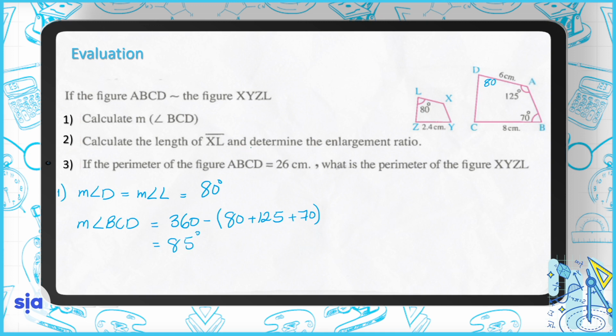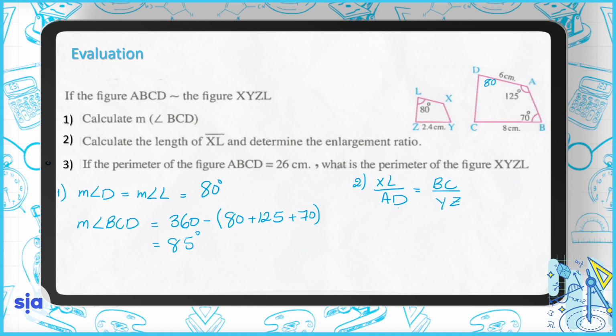For question 2, as long as these two polygons are similar, then XL over AD is equal to BC over YZ.